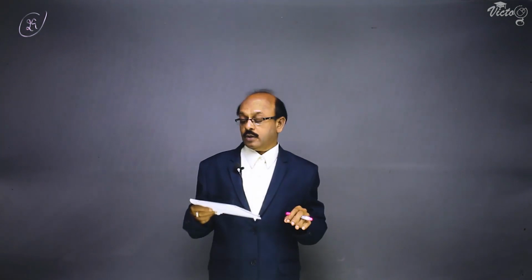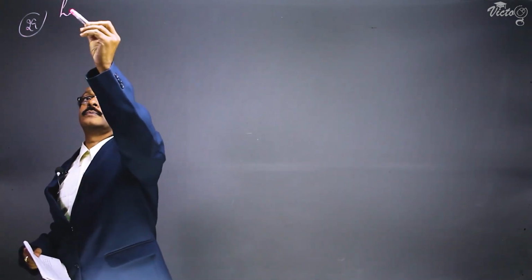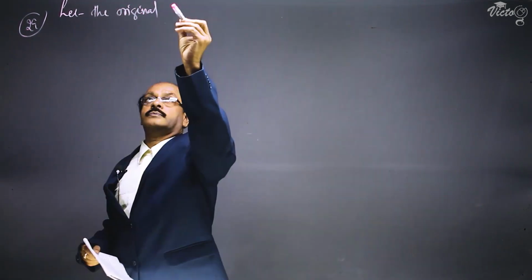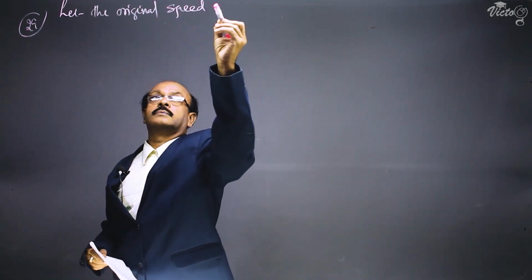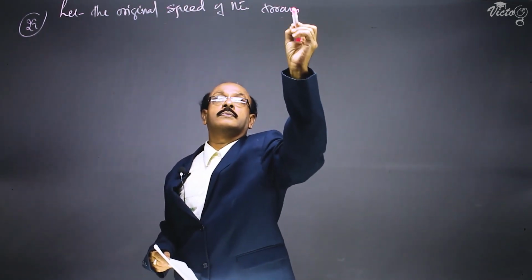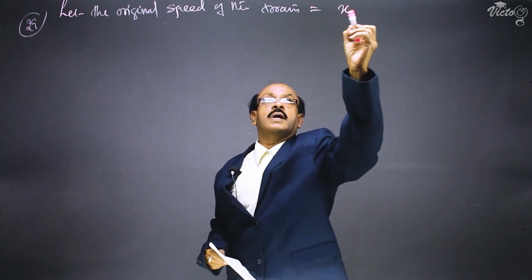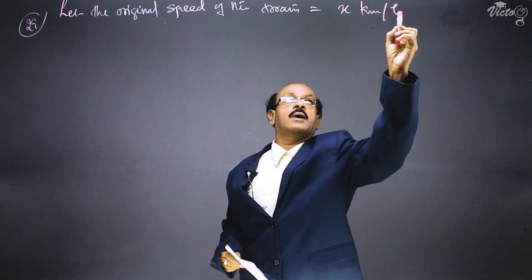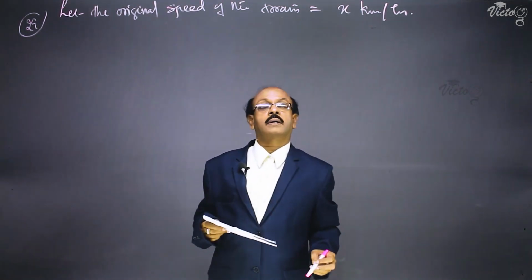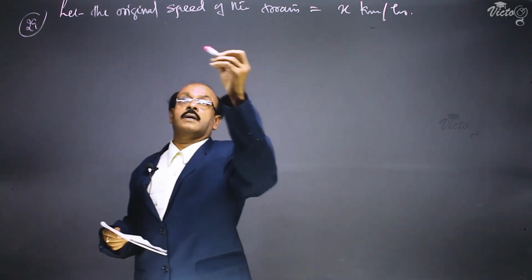So, we have to start from that point. Let us assume that the original speed of the train be x kilometers per hour. It is given that the distance is 300 kilometers.